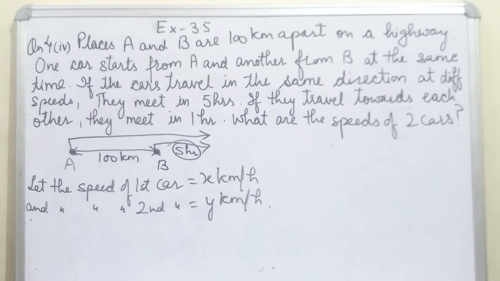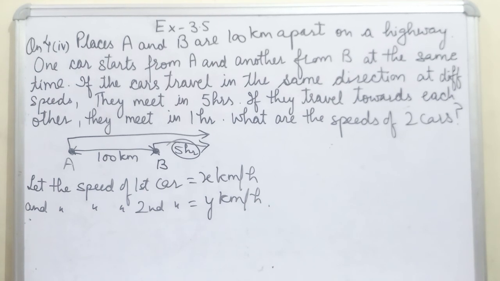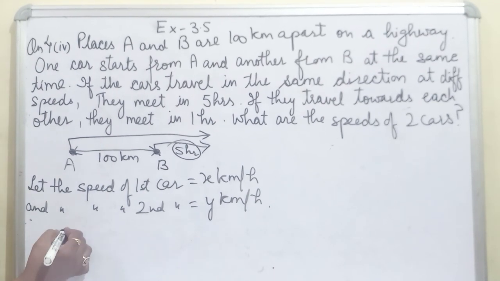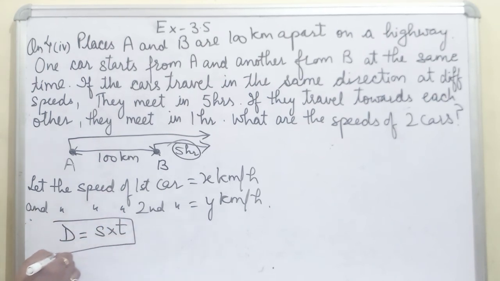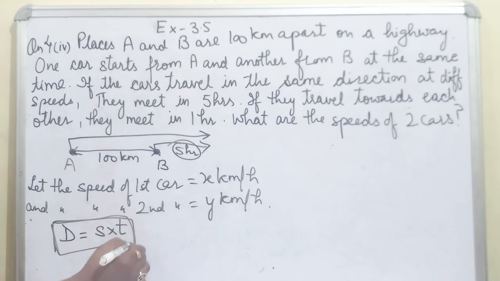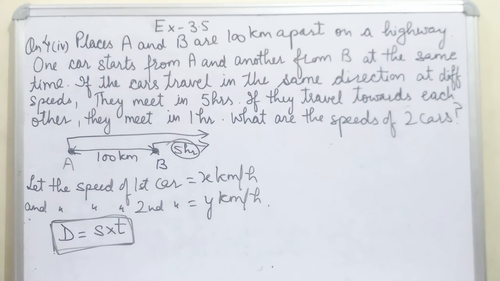Can anybody tell me the relation between the distance, the speed, and one more thing, time? Speed is equal to distance upon time. That means distance is equal to speed into time. This is the formula we have. You have studied this formula in your physics or science book, right? So this formula we will apply here.